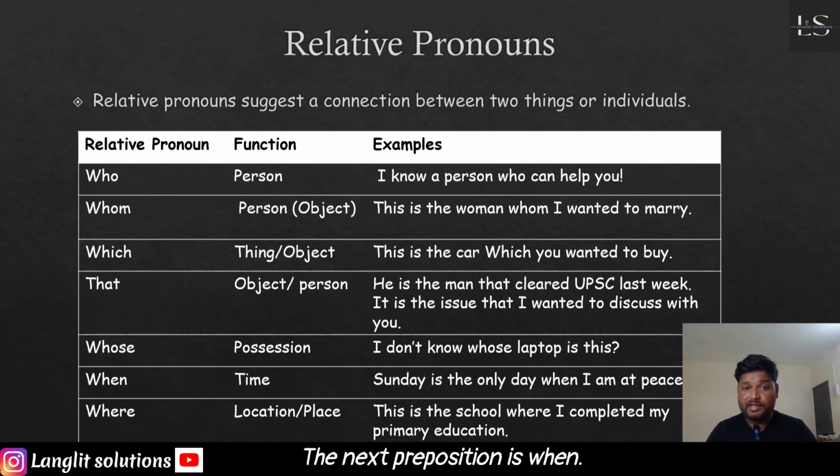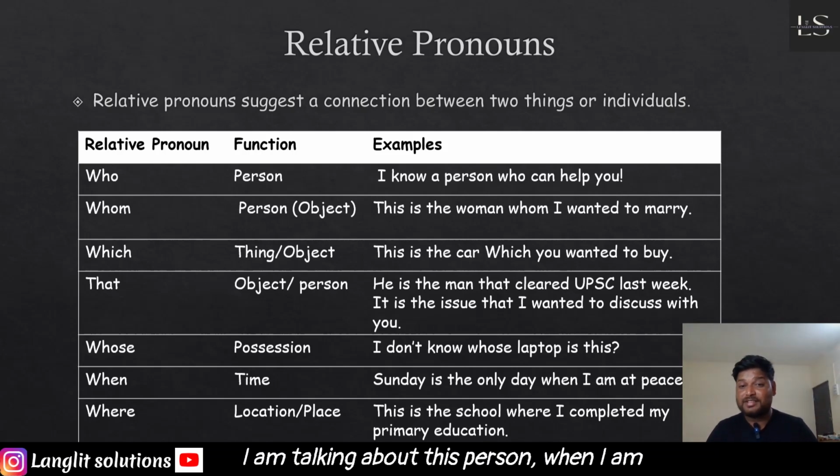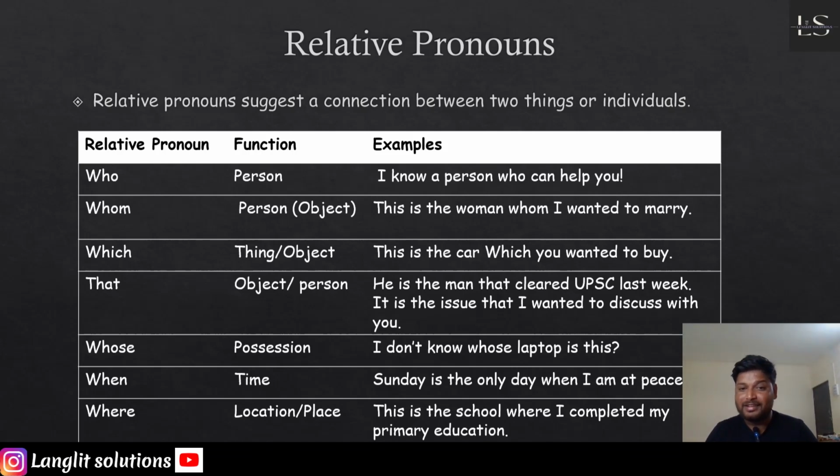The next pronoun is when. So when do you use when? Sunday is the day when I am at feast. Sunday is the only time when I am at feast, or afternoon is the time when I go for a power nap.